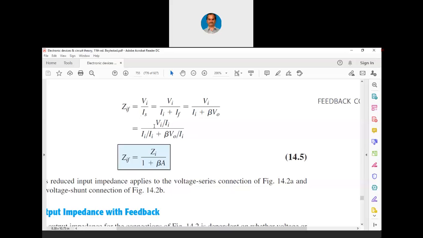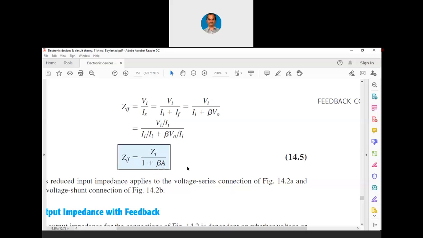Now what has happened at the top? The numerator VI by II is nothing but Zi, the input impedance with open loop. At the bottom, II gets cancelled. What is V naught by II? V naught by II is nothing but the open loop gain of the amplifier. So now ZIF is equal to Zi divided by 1 plus beta into A.